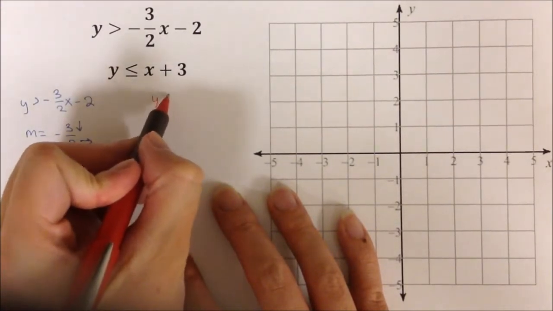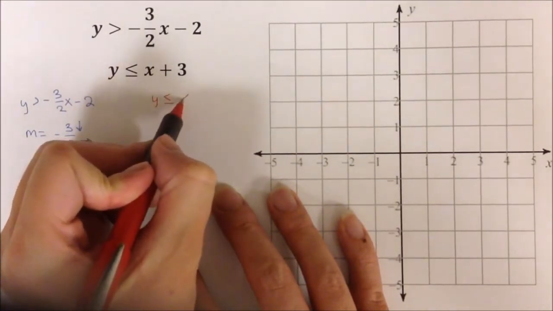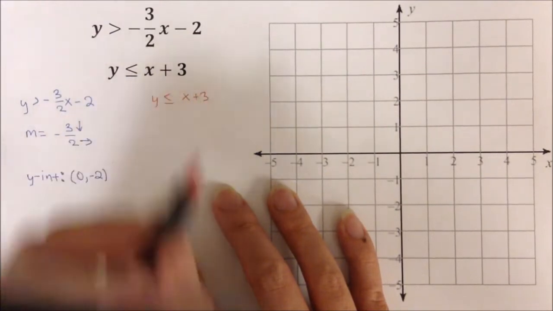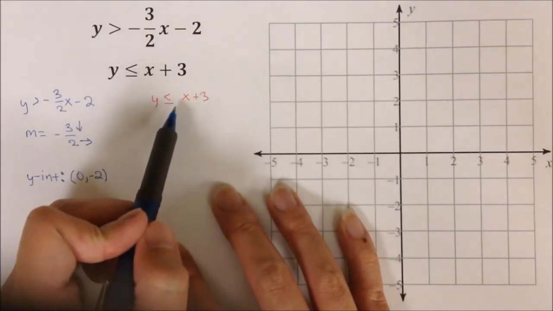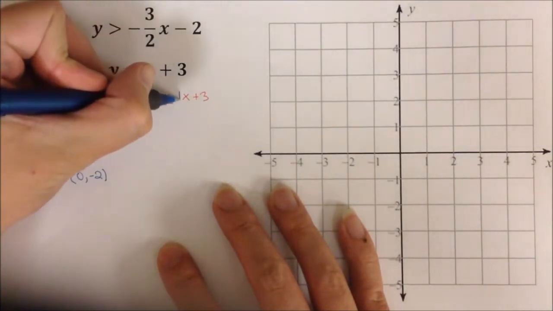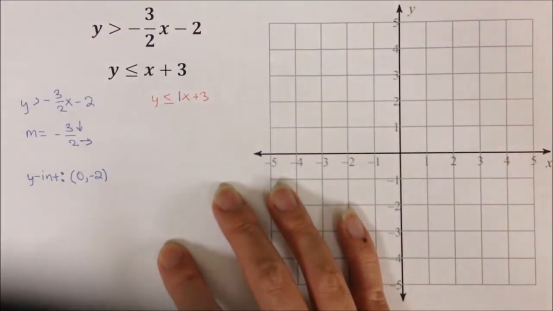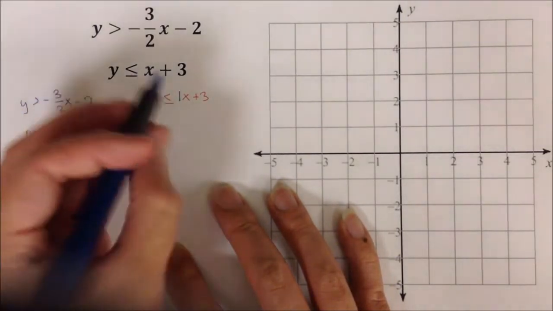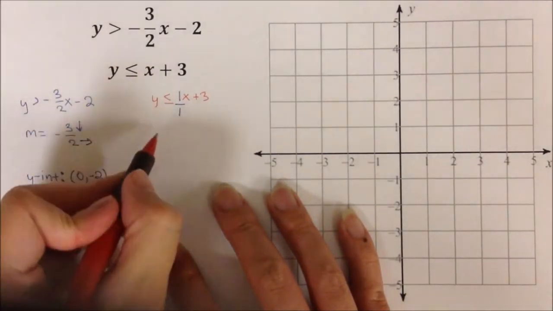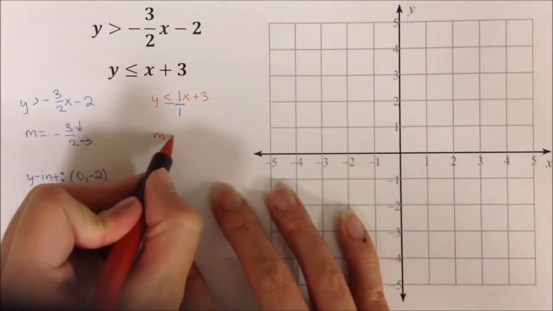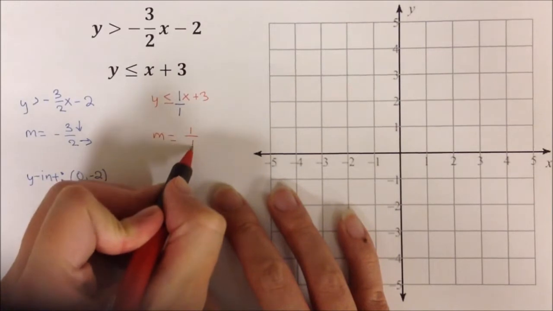Y less than or equal to x plus 3. Since it's just x, let me remind you that when x is by itself, it has an invisible number, which is 1. So I'm going to write 1 right here. I can still convert that into a fraction by putting 1 underneath, so my slope is actually positive 1 over 1.